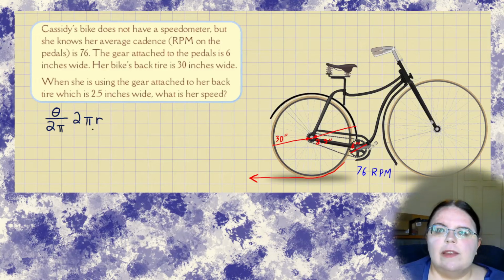But one thing you might notice about this formula is it's a bit repetitive. We've got dividing by 2 pi and then multiplying by 2 pi. We can simplify that and just say, okay, take that angle in radians and multiply it by the radius, and we will have linear speed.